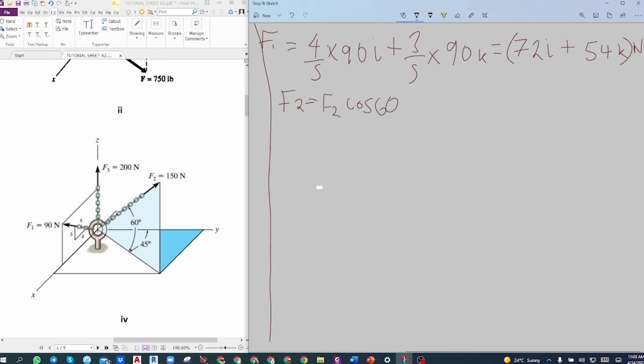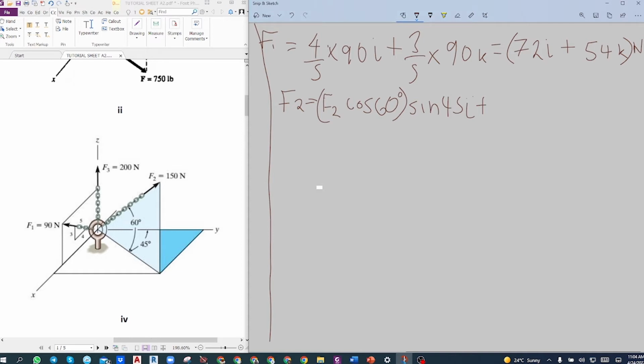Okay, that's my F prime. Now to find the x component, this will be F prime times sine 45 i, and that's my x component plus my y component, which is also by observation positive.